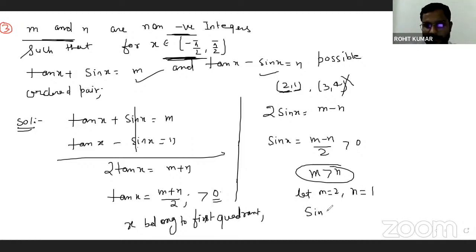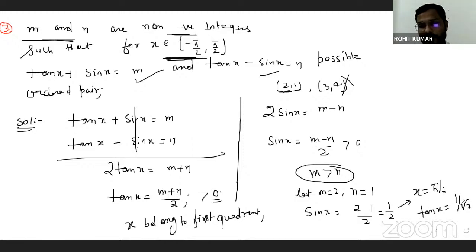Then sin x is (2 minus 1) by 2, which is 1 by 2, so x is pi by 6, a 30-degree angle. Then tan x should be 1 by root 3, but according to the equations tan x would be 3 by 2. That is obviously not possible, so we have no such ordered pair.